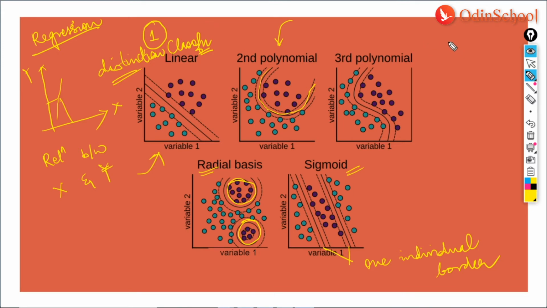Right, guys? So these are the different types of SVM, or different types of kernels in SVM, that we use on a real-time footnote.